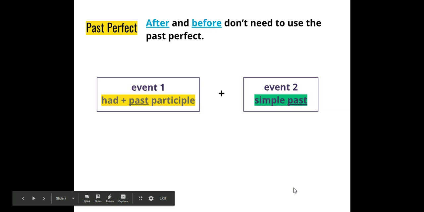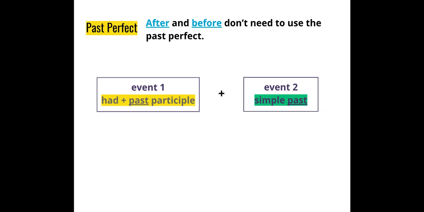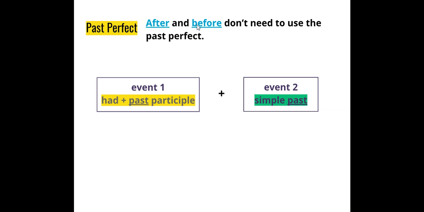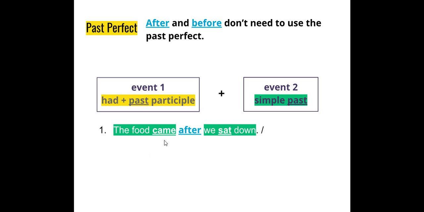You can use words like after and before with your past perfect, but you can also use them without it. These words are so clear that you don't need to use past perfect with them. The food came after we sat down. So, what came first?